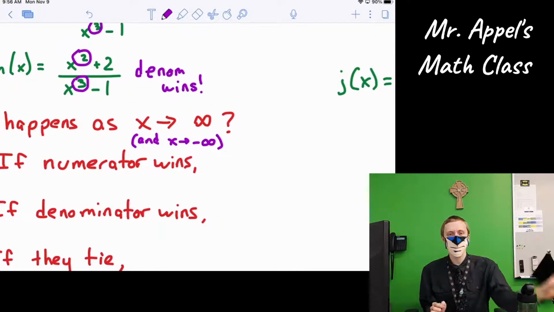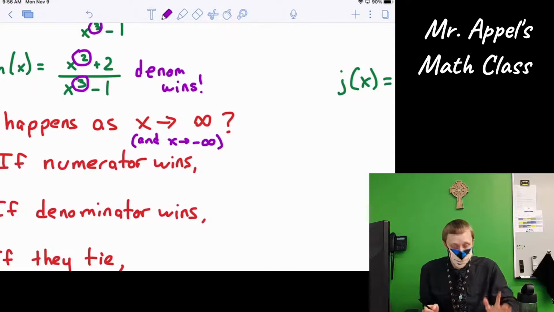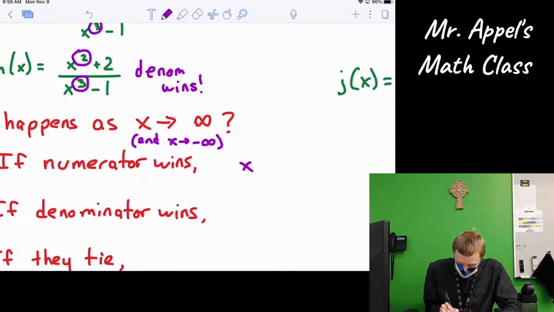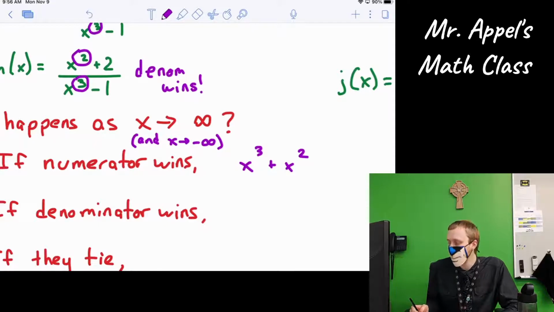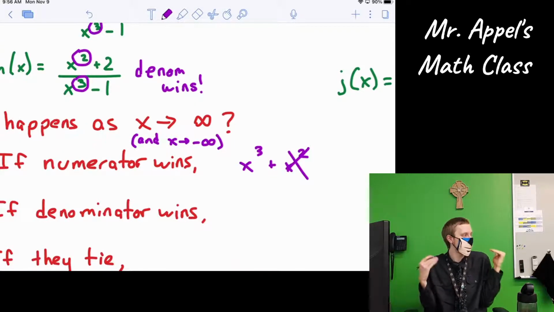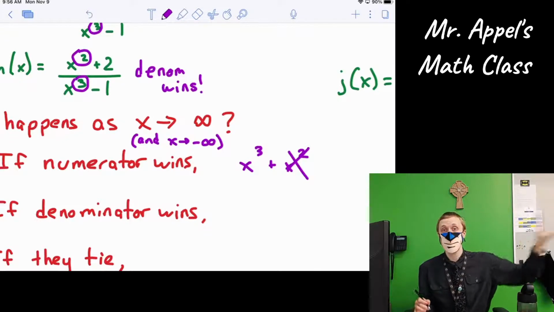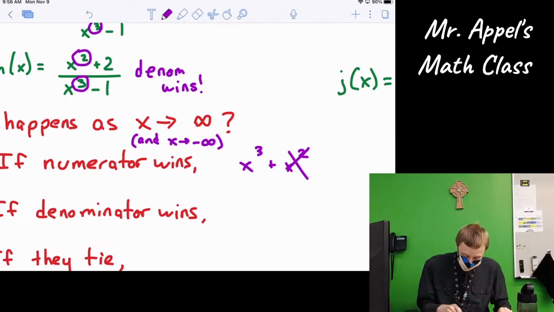The only thing that's important as x approaches infinity is the leading term. 1,000,000 cubed plus even 1,000,000 squared. 1,000,000 squared is nothing. That's bupkis. That does not affect the graph almost whatsoever when you get way out there towards positive infinity.